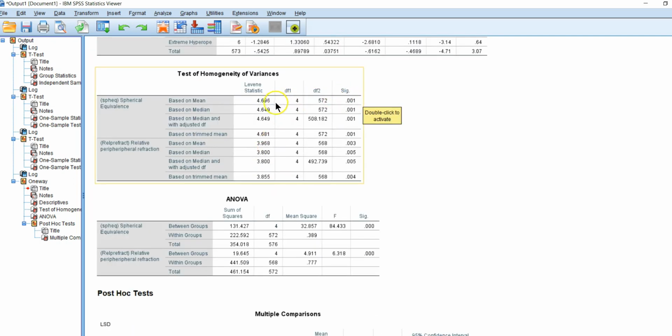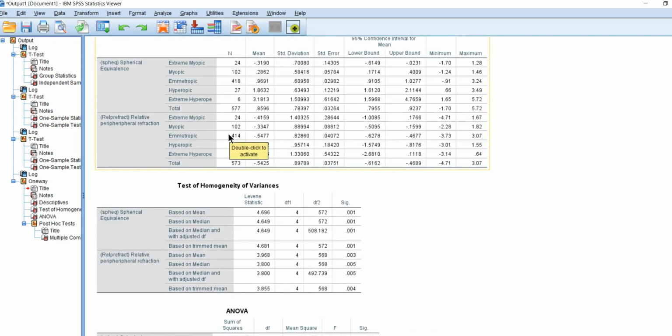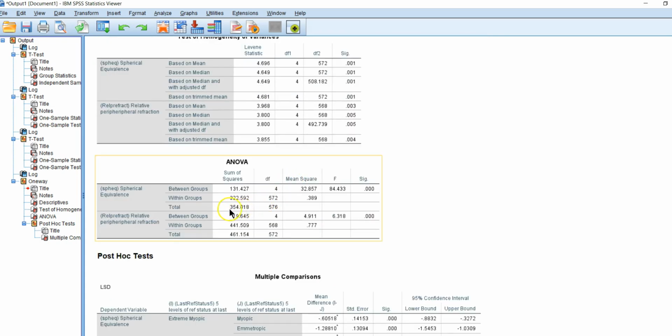We look and we say, uh-oh, we're not exactly equivalent on our homogeneity of variance. And if we look at our standard deviations up here, we can see our extreme hyperopes are really messing us up. They're going to increase the mean square error, this value right here, which is the denominator of the F ratio.